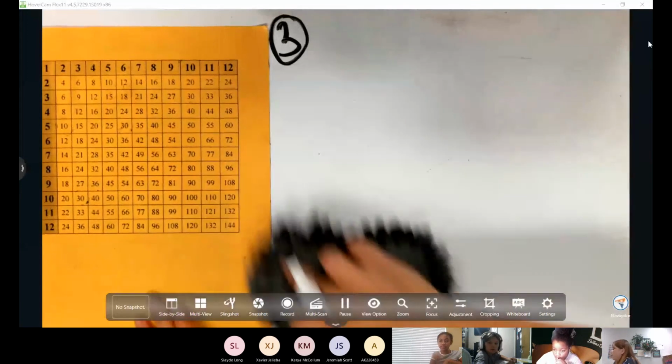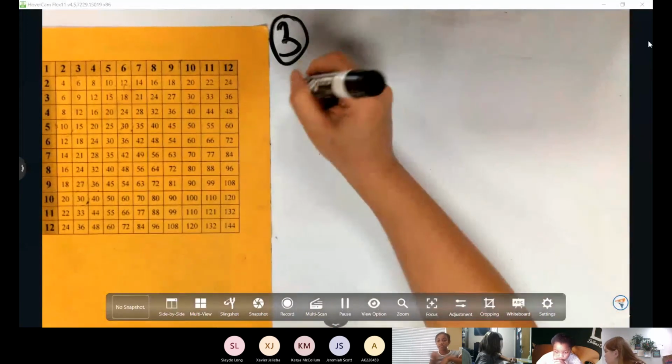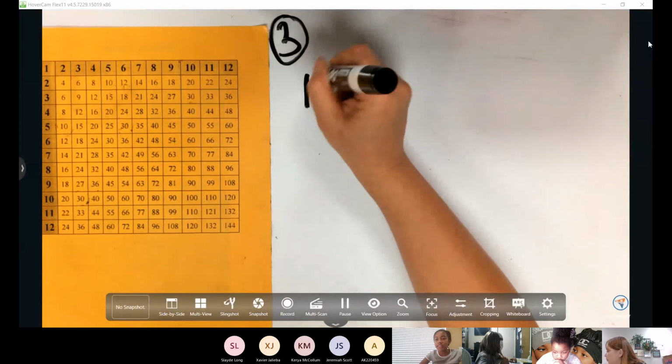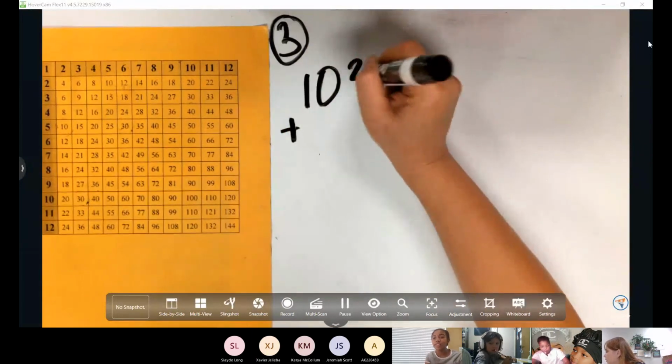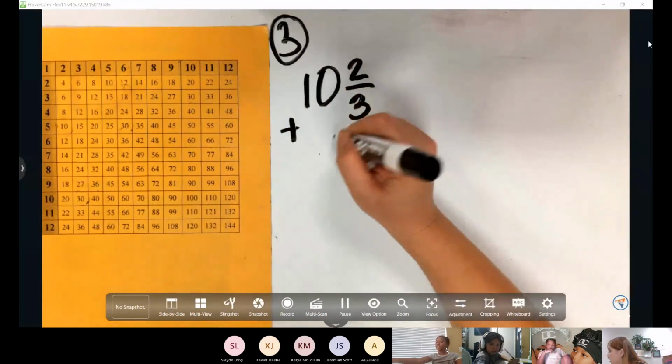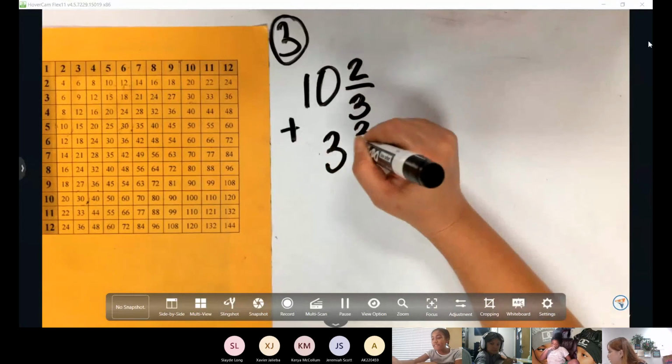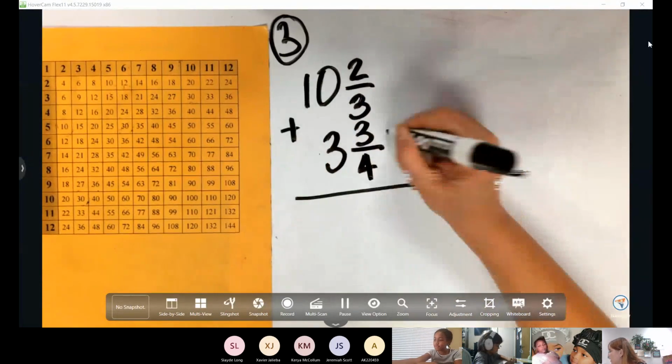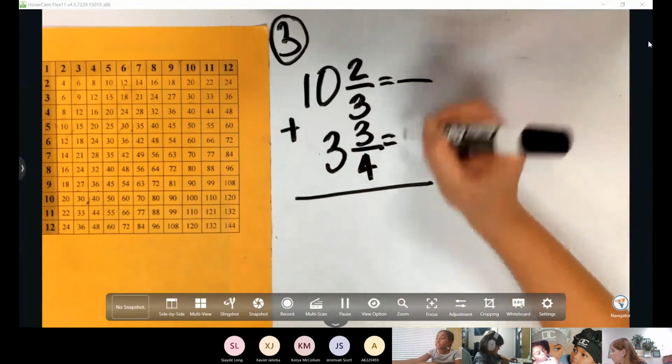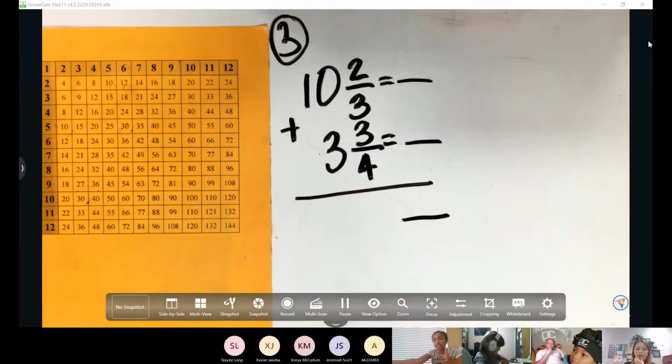Step 1, we have to find the total land that he used to grow stuff. So I'm going to rewrite it in this fashion. That way it's easier for me to see how to do this.